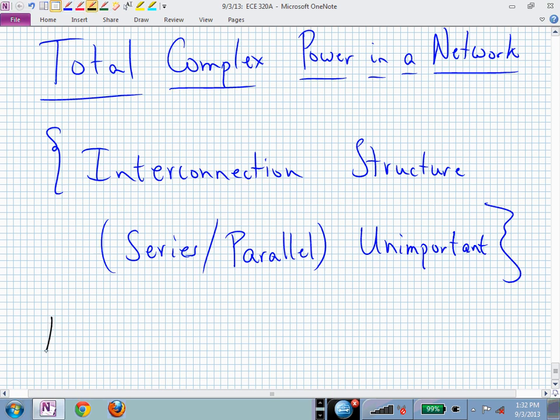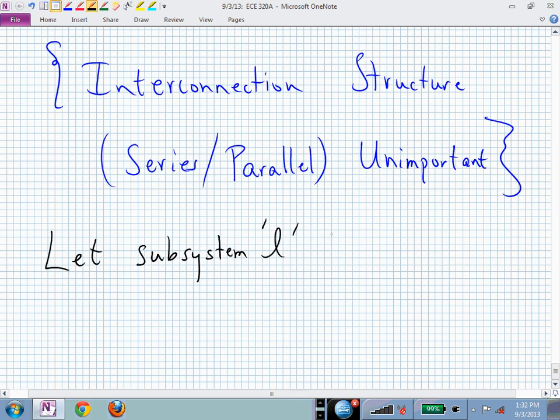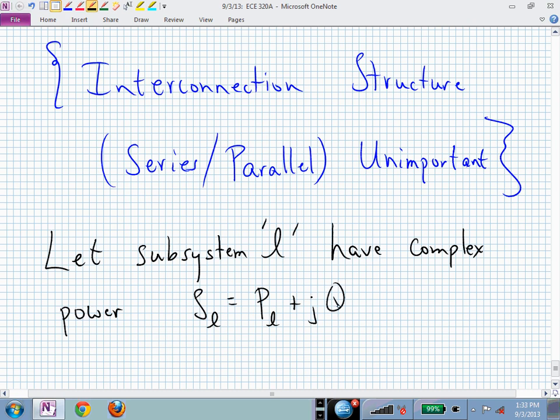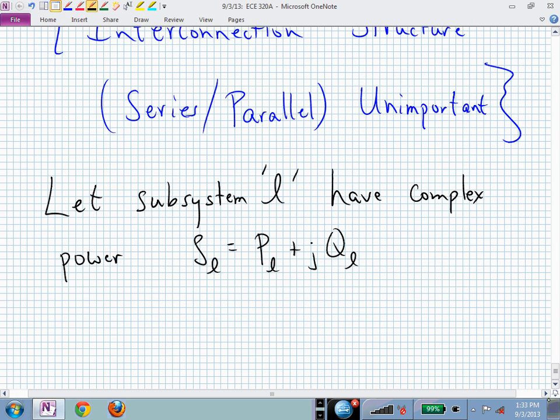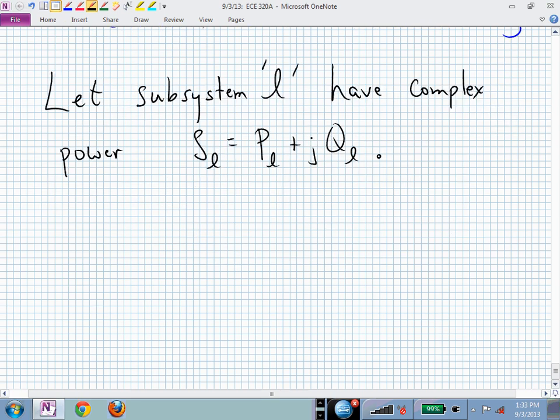Let's now let what I will call subsystem L, so that's supposed to be a lowercase l, have the following complex power. Let's say that that complex power is S sub L, which is P sub L plus j Q sub L. And now maybe we have capital N such subsystems.